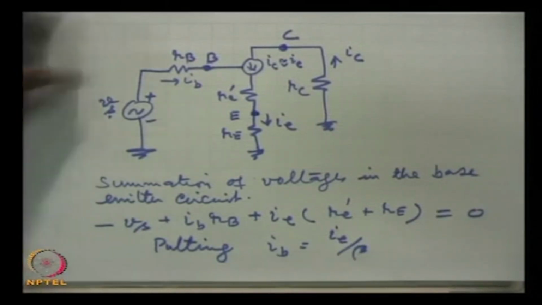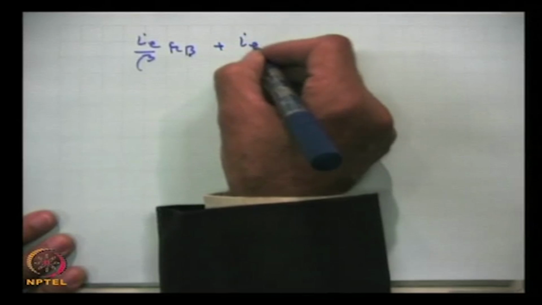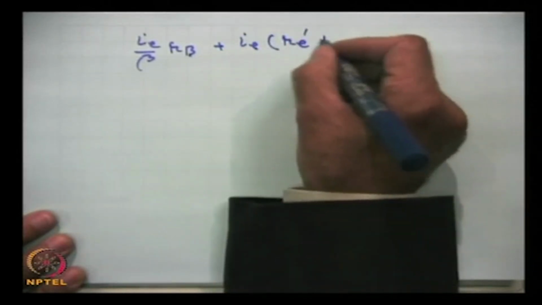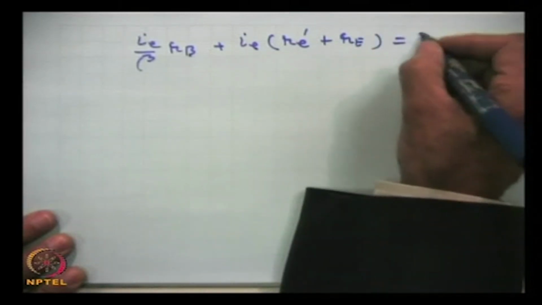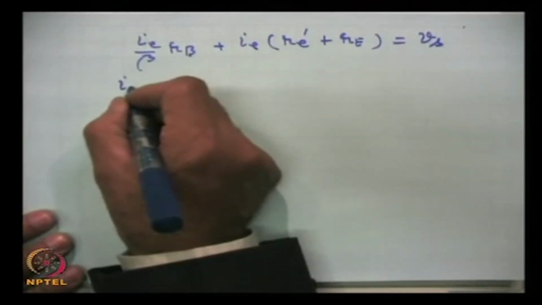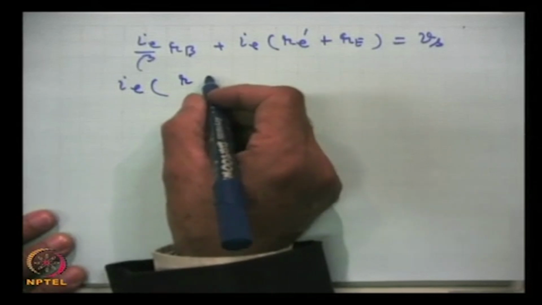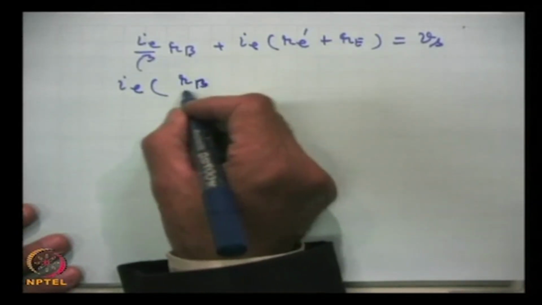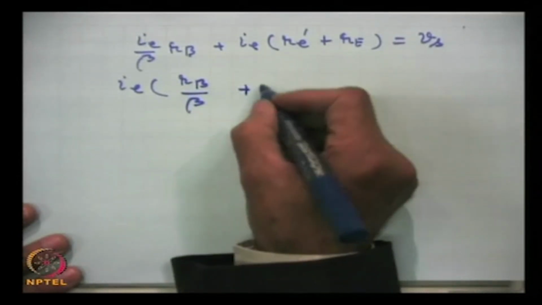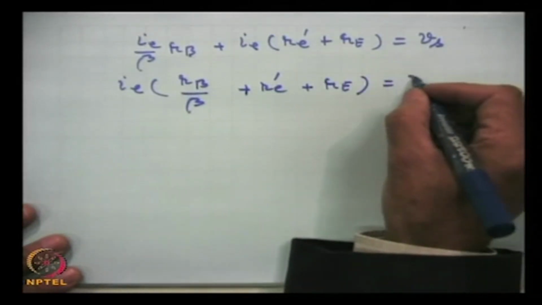So, this equation becomes Ie by beta Rb plus Ie into Re prime plus Re equal to Vs, which can be written as Ie, we take out, and Rb by beta plus Re prime plus Re is equal to Vs.